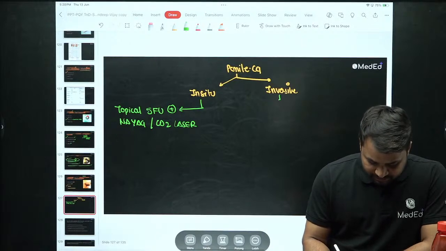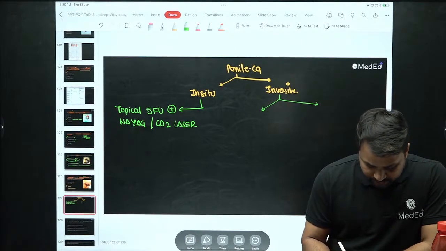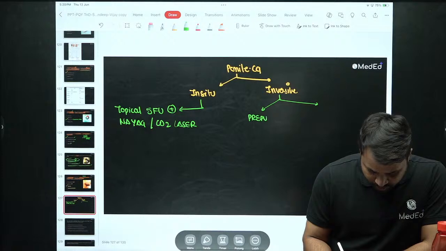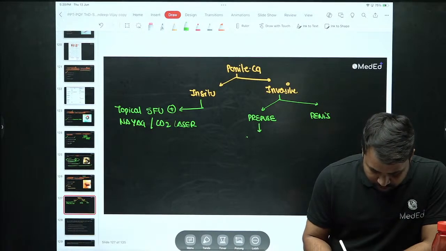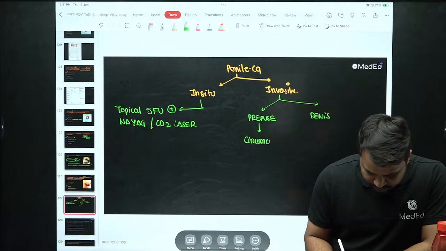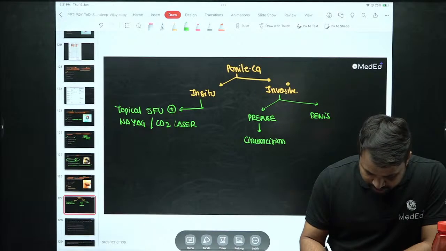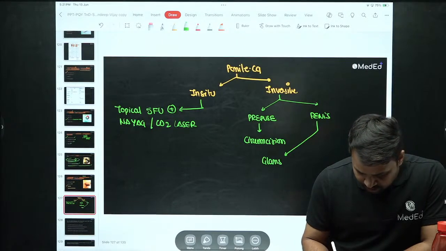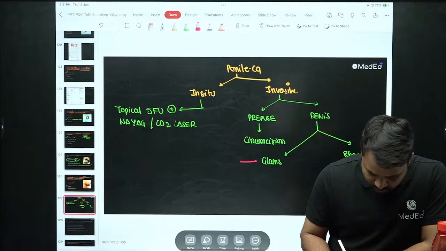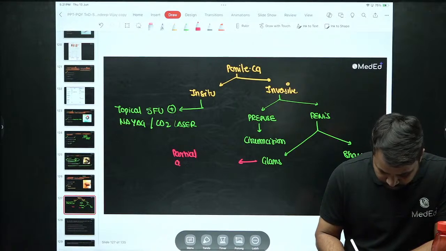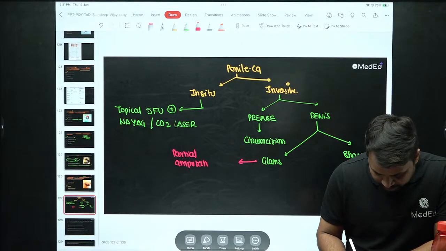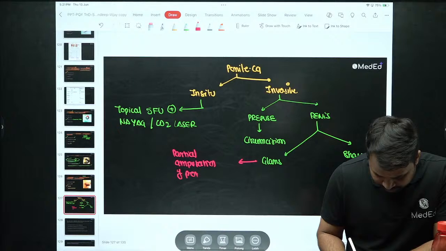If it is invasive, you look at whether it is involving the prepuce or the penis. If it is involving the prepuce, then it is circumcision. If it is involving the penis, you differentiate whether it is involving the glans or the shaft. If it is involving the glans, then you have to go with partial amputation of the penis.